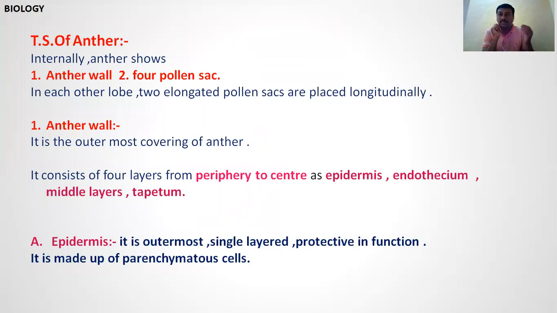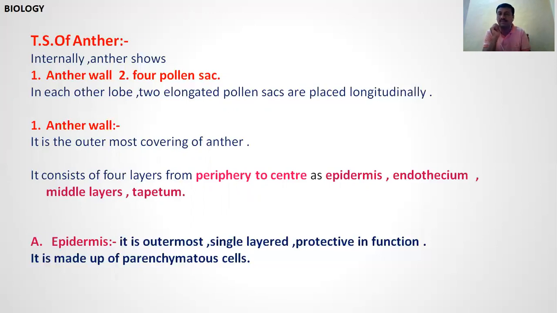Tapetum provides special proteins, enzymes, and hormones. It is also known as the nutritive layer. These two layers, after providing the nutritive energy, degenerate, and only the epidermis and endothecium are present. When the pollen grains mature, the endothecium breaks the wall.